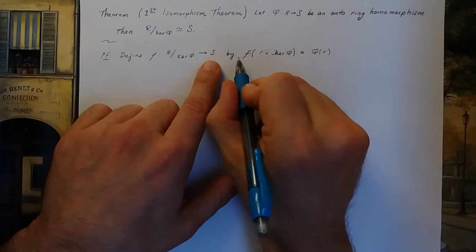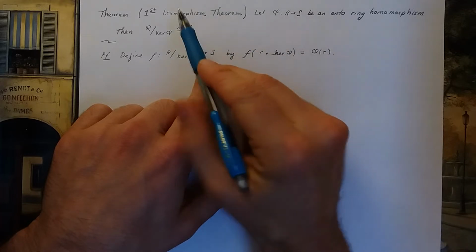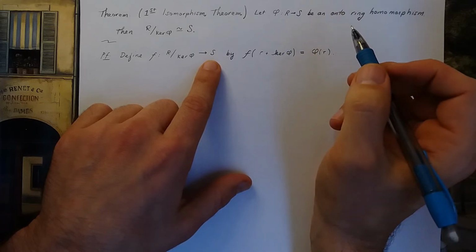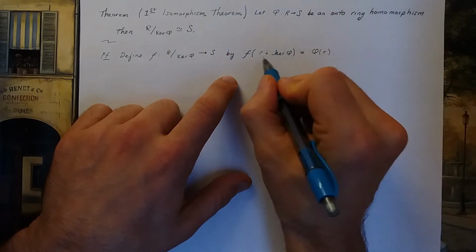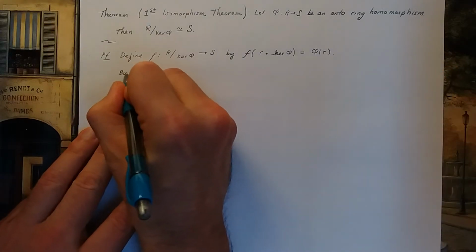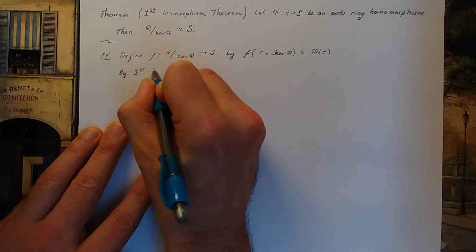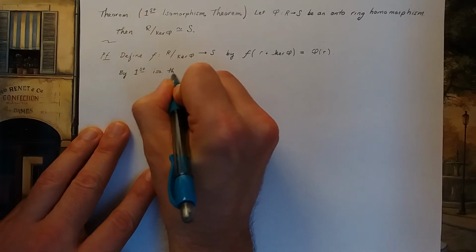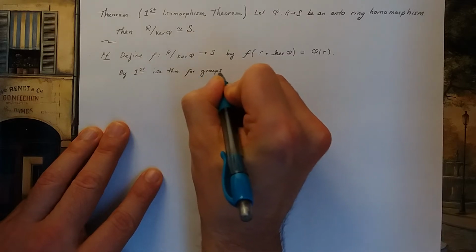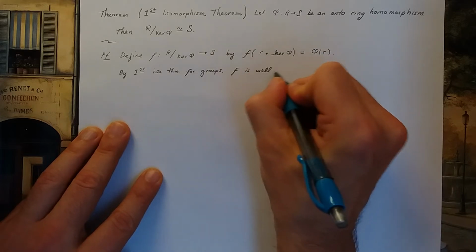So this is actually the same function that we used to prove the first isomorphism theorem for groups. So we've already done a lot of the work in checking that this has the desired properties. By the first isomorphism theorem for groups, this function f we already know is well defined.